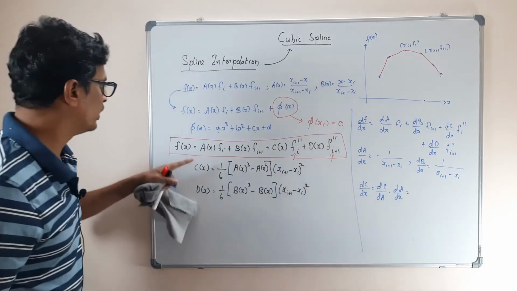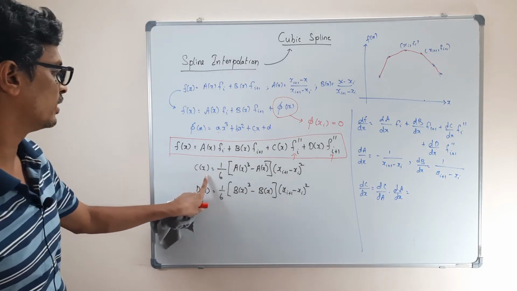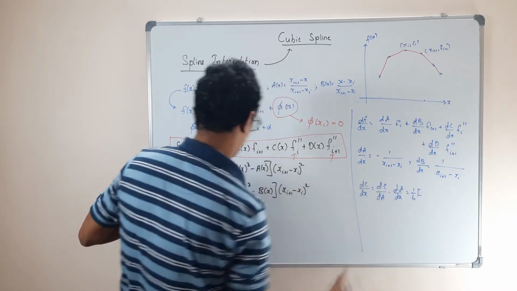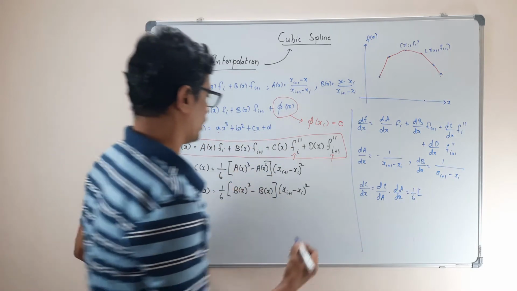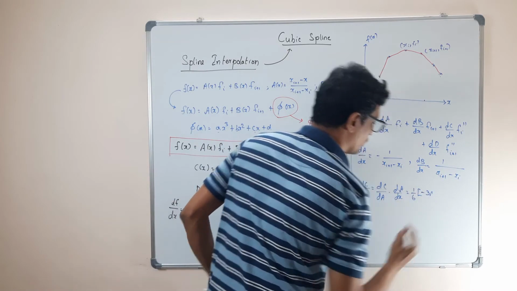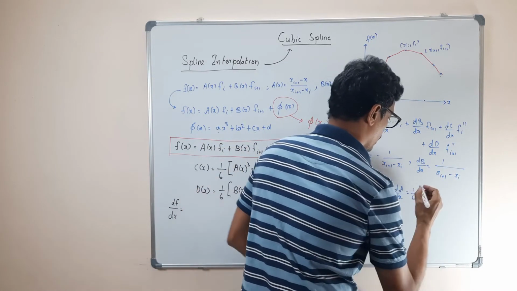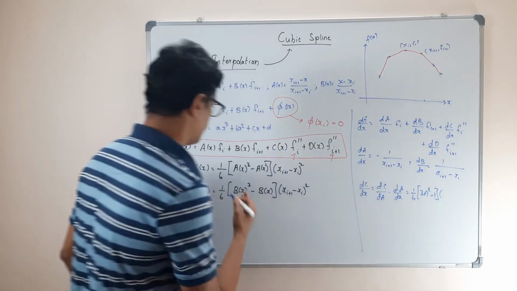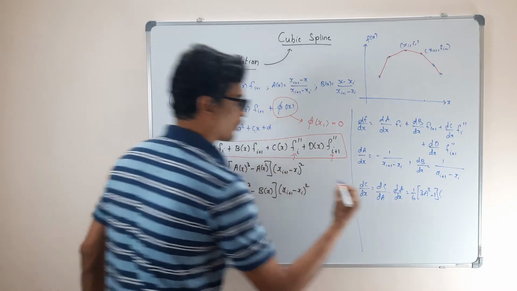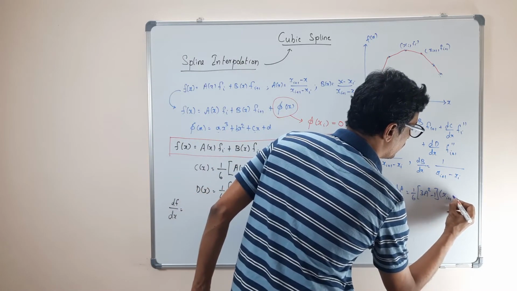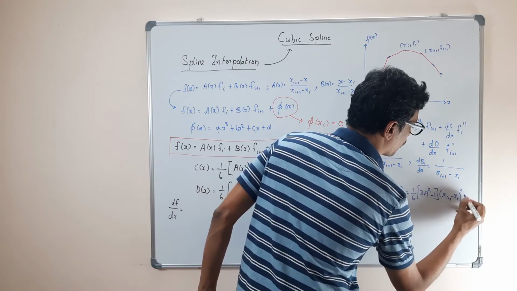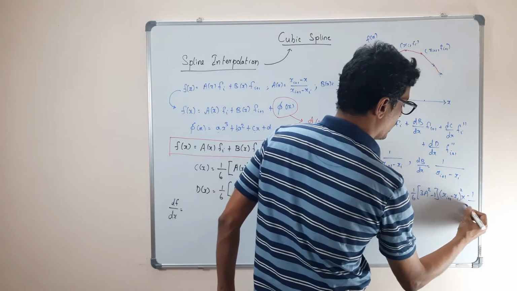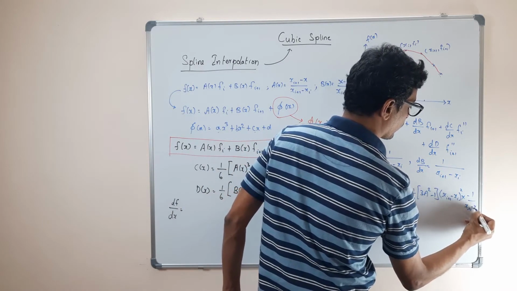So dC by dA, we are given C here, dC by dA is equal to 1 by 6 times (3a square minus 1) into (xi plus 1 minus xi) whole square into dA by dx. dA by dx is equal to minus 1 upon xi plus 1 minus xi.